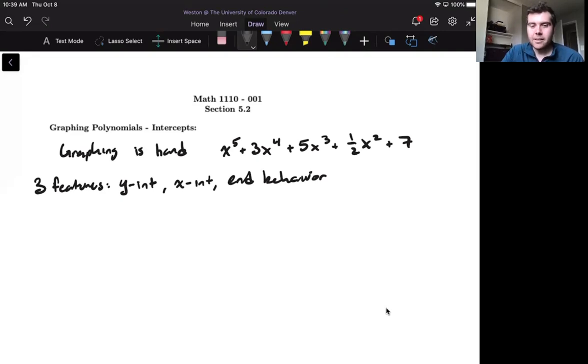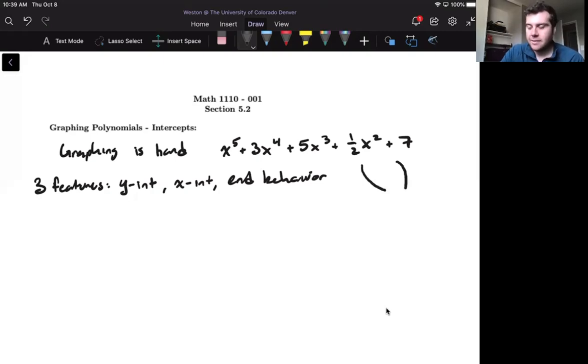When you go on to calculus, you'll expand the idea of what you want in the graph of a polynomial to also include local maxes and local mins, as well as something called concavity, where basically, does the curve look like this or does it look like that?